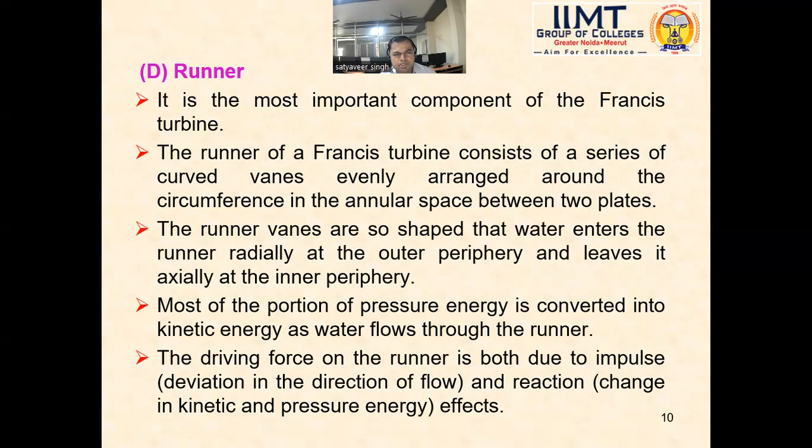The runner vanes are so shaped that water enters the runner radially at the outer periphery and leaves it axially at the inner periphery. Most of the pressure energy is converted into kinetic energy as water flows through the runner. The driving force on the runner is due to both impulse and reaction.